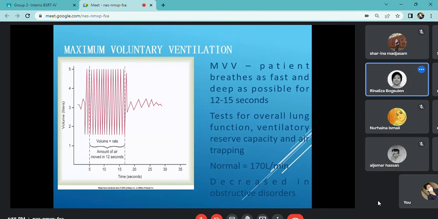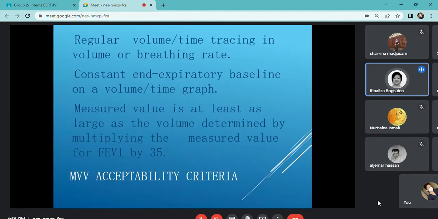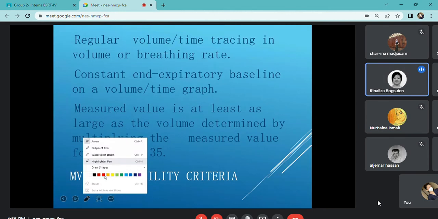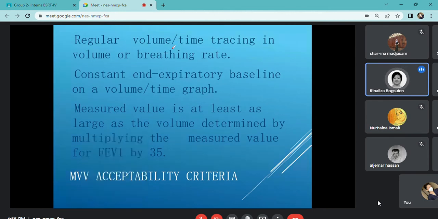Okay? There are acceptability criteria for the MVV as well. What is the acceptability criteria? There should be regular volume and time tracing.